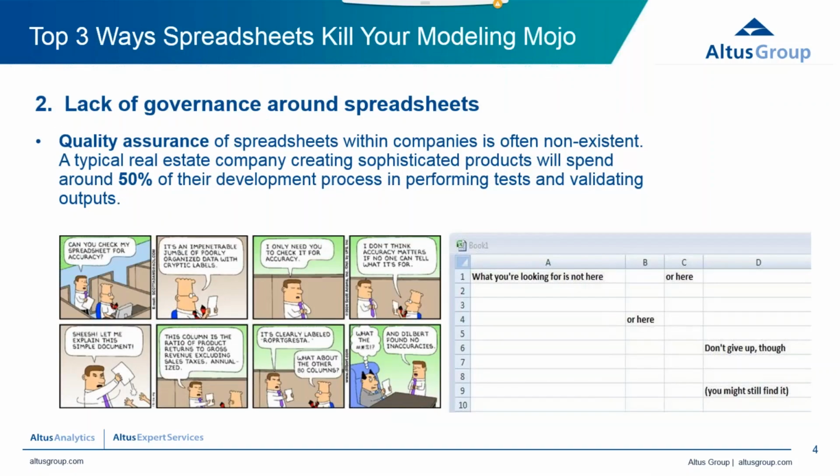The second one is lack of governance around spreadsheets. We briefly mentioned this before, but there's not a lot of system checkers in place when it comes to Excel. So when it comes to quality assurance of these spreadsheets, who is auditing these spreadsheets when we get them?